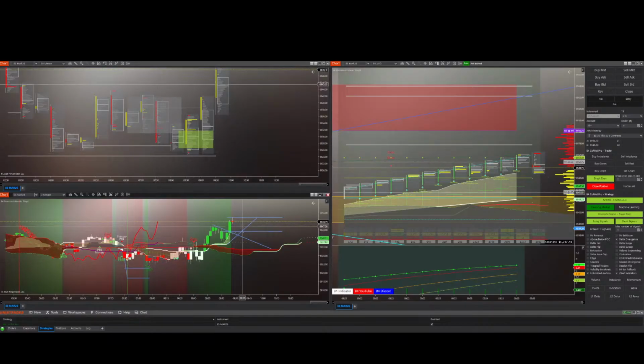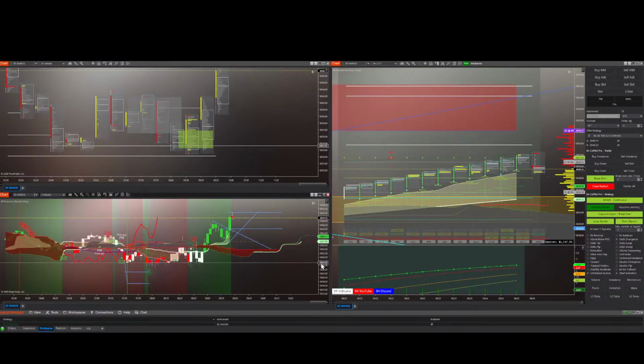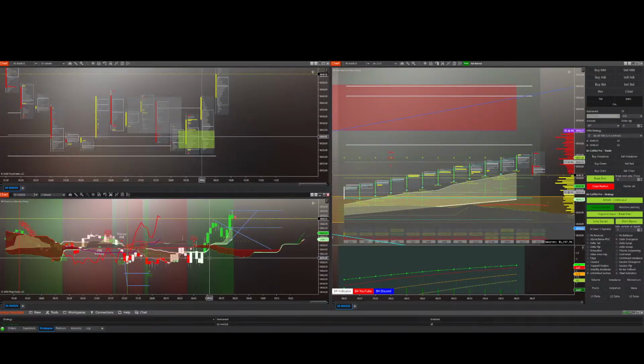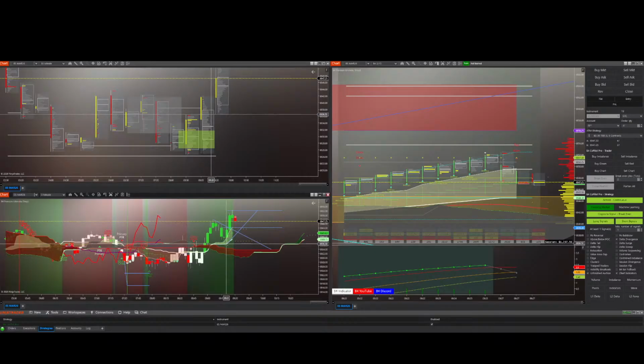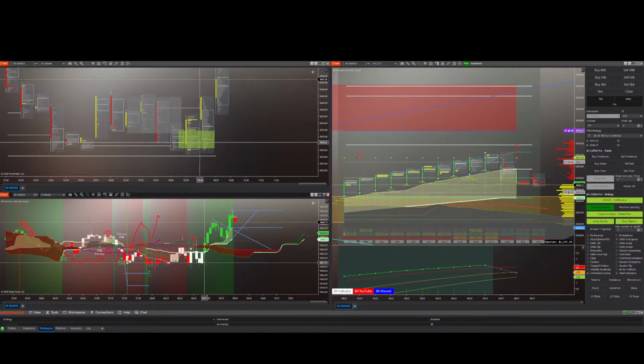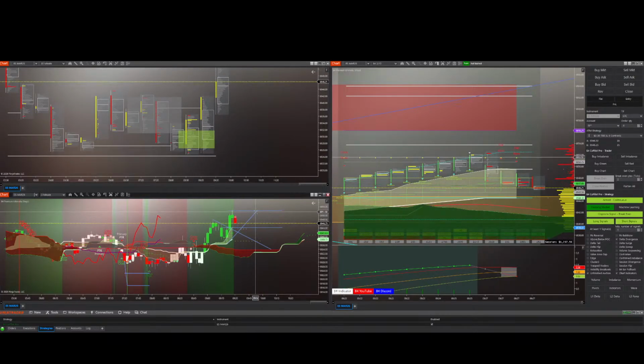If it doesn't work out, I have enough of them that do to overcome things that don't work out for me. We said it'd probably come approximately right here. It did. We said it'd probably go to approximately that measured move. It did.